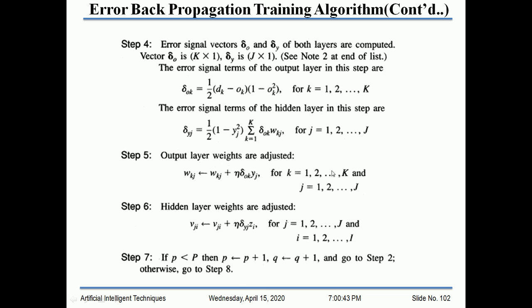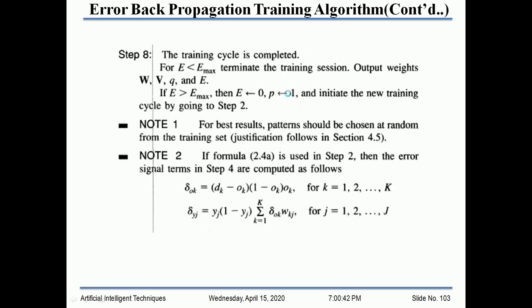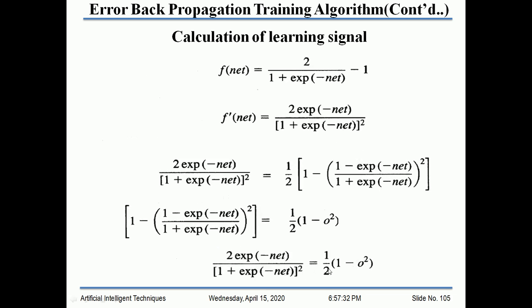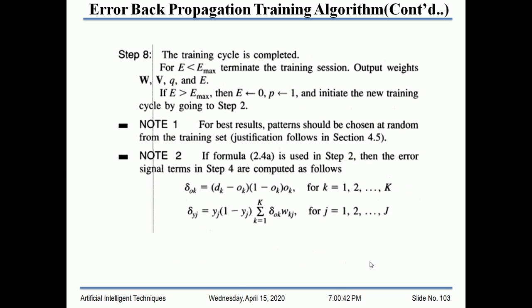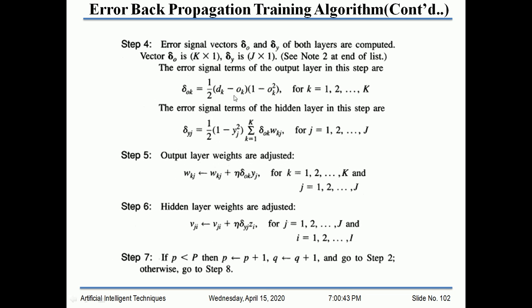Since we have chosen a bipolar activation function, in this case delta OK is equal to half into dk minus OK into 1 minus OK square. So half into 1 minus O square is f dashed of net multiplied by dk minus OK. So delta OK equals this.